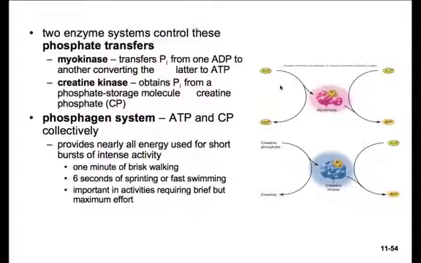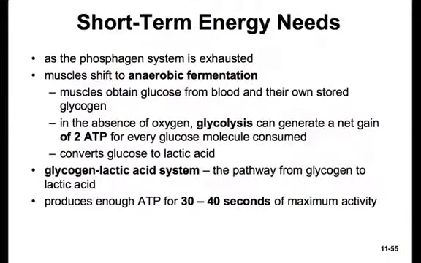After the phosphagen system is exhausted, the muscles shift into anaerobic fermentation in order to buy time until the cardiopulmonary function has caught up. The muscles obtain glucose from the blood and their own stored glycogen. In the absence of oxygen, glycolysis can generate a net of 2 ATP for every molecule consumed.